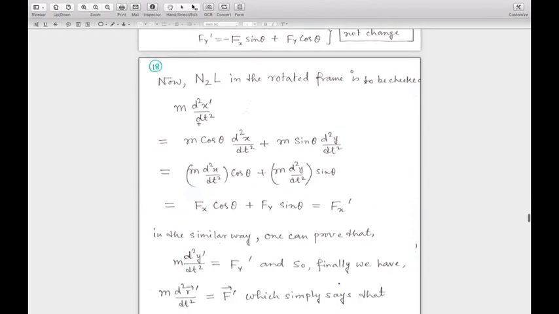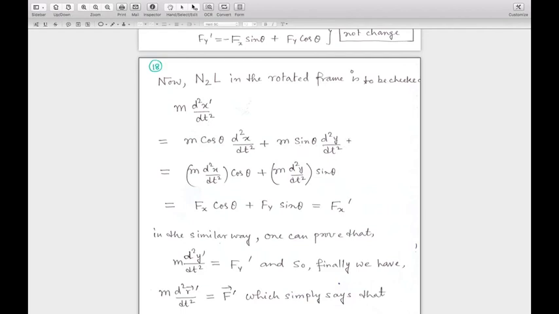Then simply we can write the x component of Newton's law after the rotation in the new coordinate system. You can easily write this: m d2x prime dt2 is m cos theta d2x dt2 plus m sin theta d2y dt2.